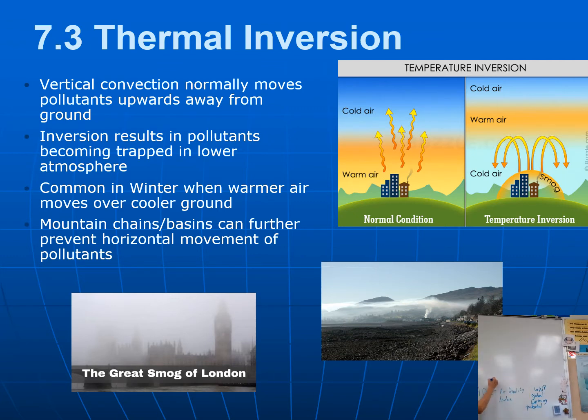So remember that the normal temperature profile in the troposphere is temperature declines with respect to altitude. But when you have a thermal inversion, it starts to decline, and then you get a warm layer, and then it declines. So you have a cool layer, and then your warm layer, and then your cool layer. So you get this area of warm air that's trapped there.